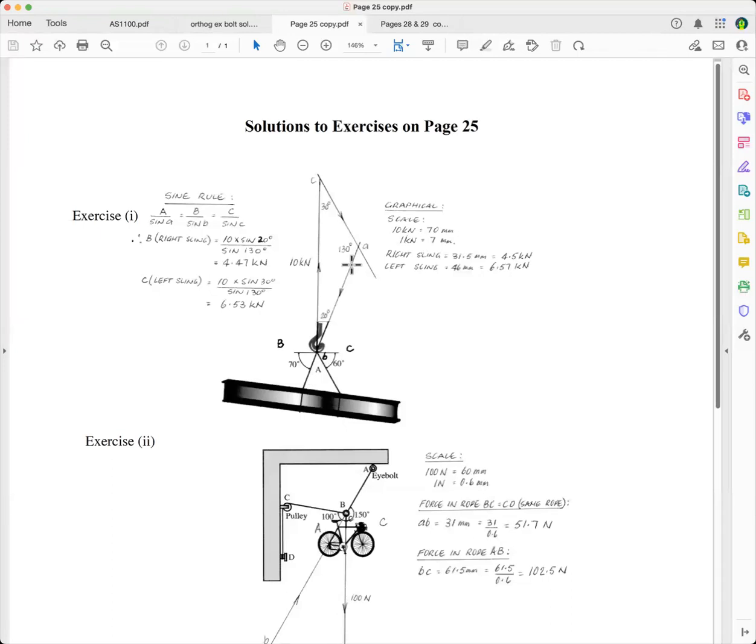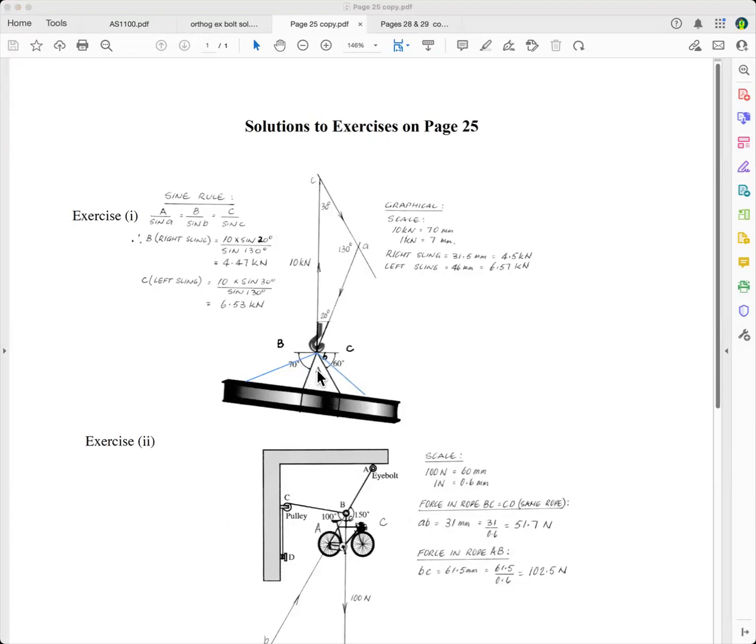And I'll show you why you can't have this angle greater than 60 degrees. Let's just say these slings were put out like this. One sling was put out there, the other sling was put out there like that.